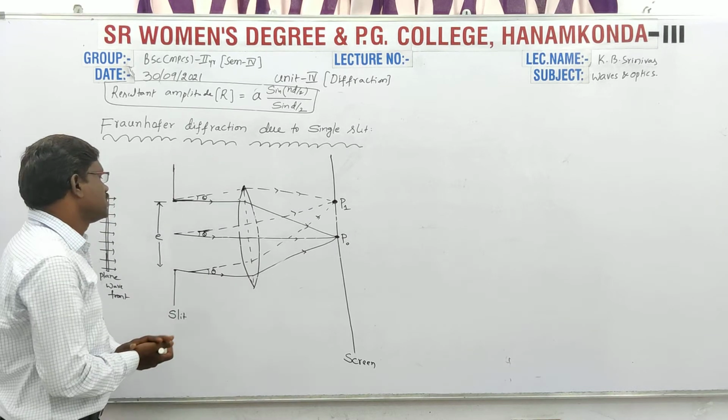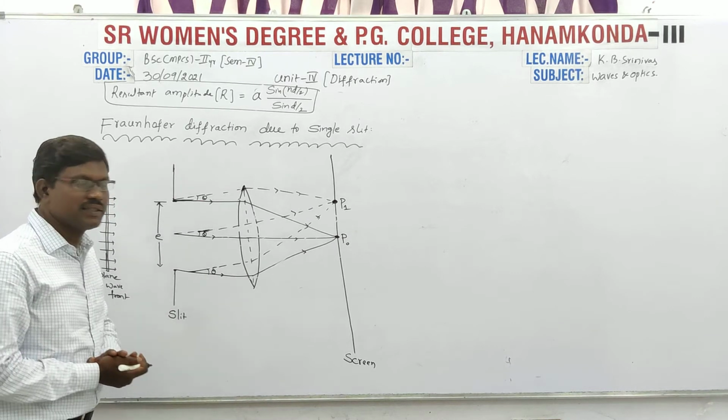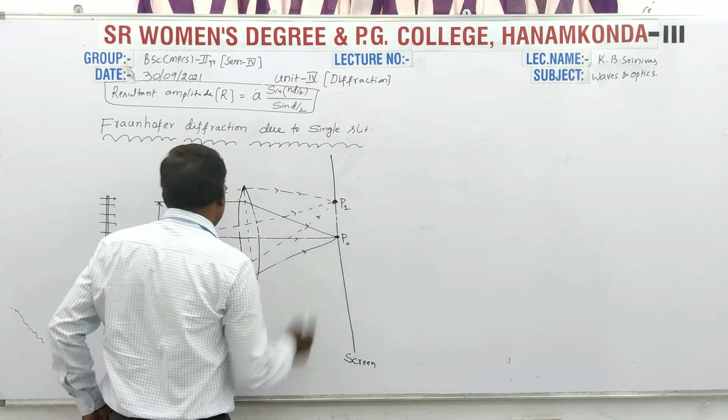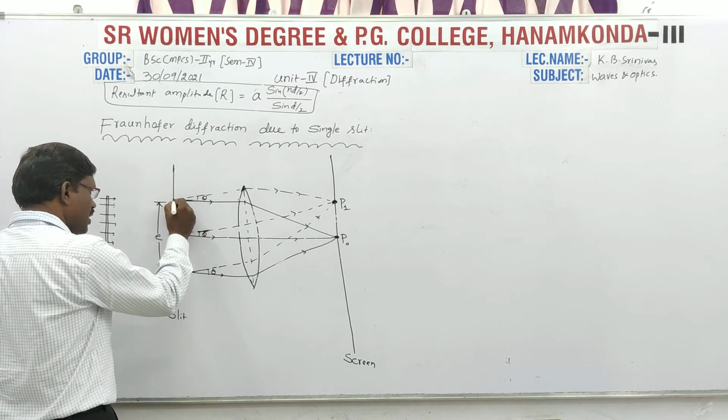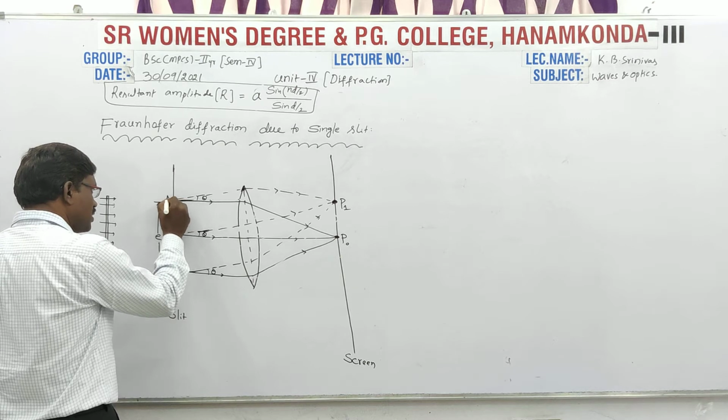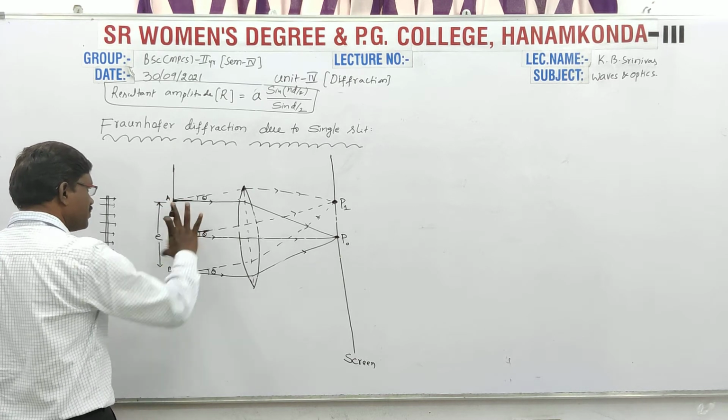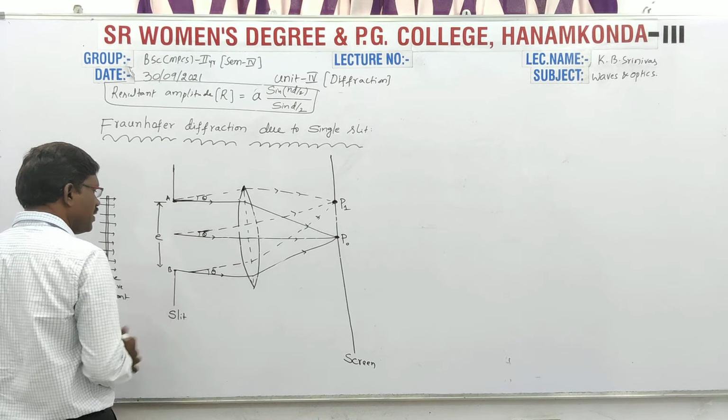Is that clear? So to calculate the intensity of light at P1, here I am drawing a normal. Let the slit be AB, whose width is small e.